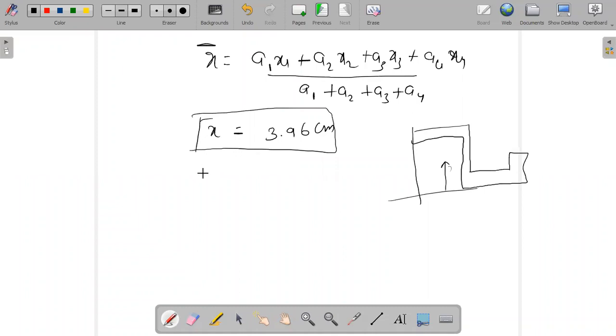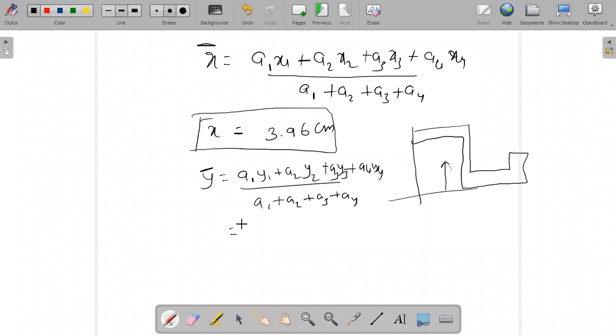Similarly, calculate y bar also. Okay, this is all correct. Calculate this value also: a1 y1 plus a2 y2 plus a3 y3 plus a4 y4, divided by a1 plus a2 plus a3 plus a4. So what is the value you are getting here also? Tell me. Is everyone getting the same answer? I don't have a calculator here.